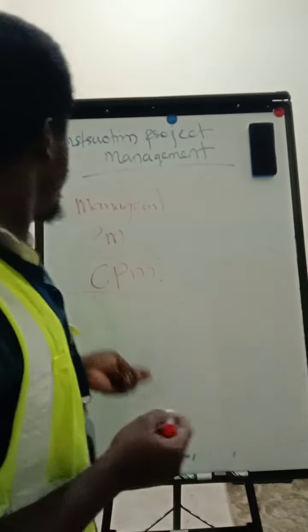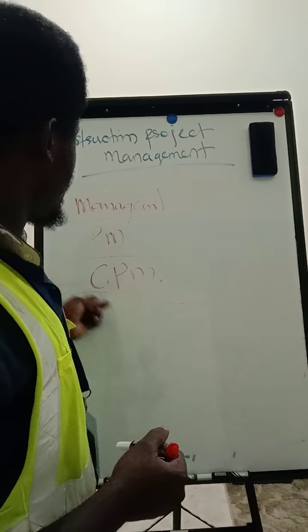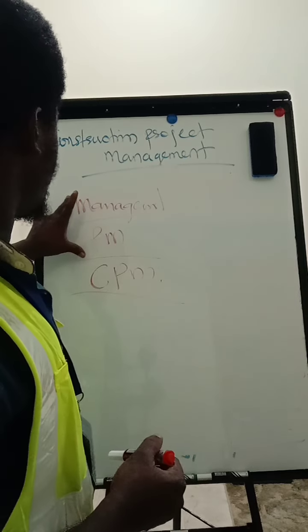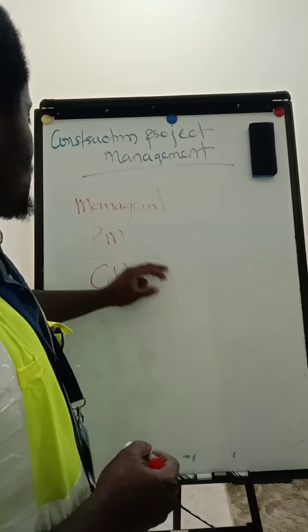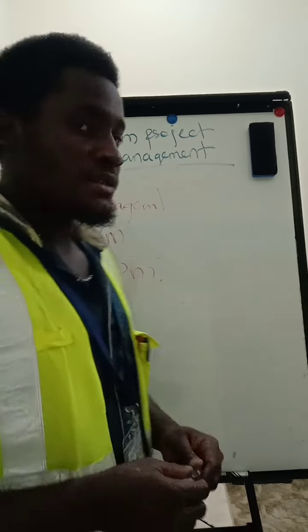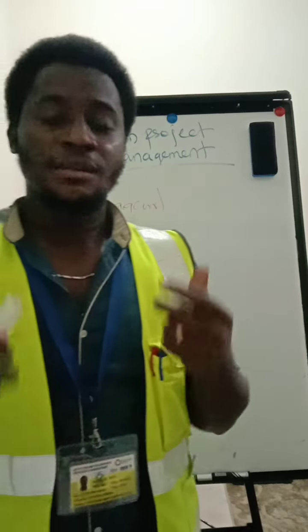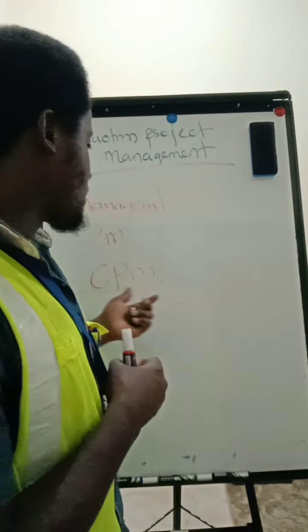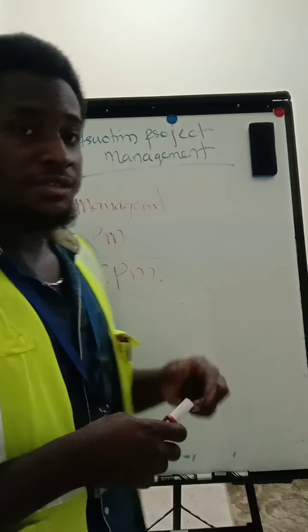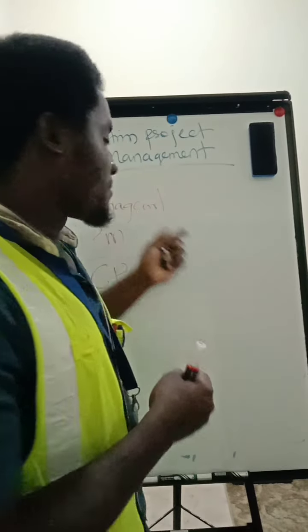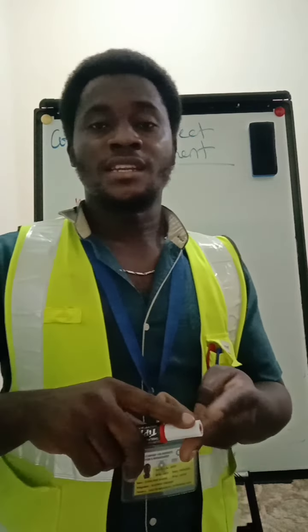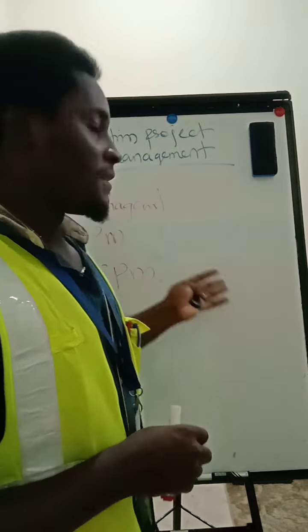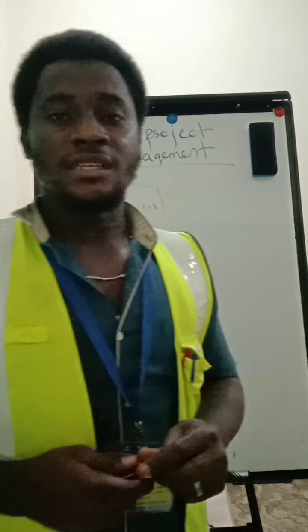So after defining management as well as project management, construction project management is a specialized professional service that oversees the planning, design, and construction of activities in the project from the start to the finish.